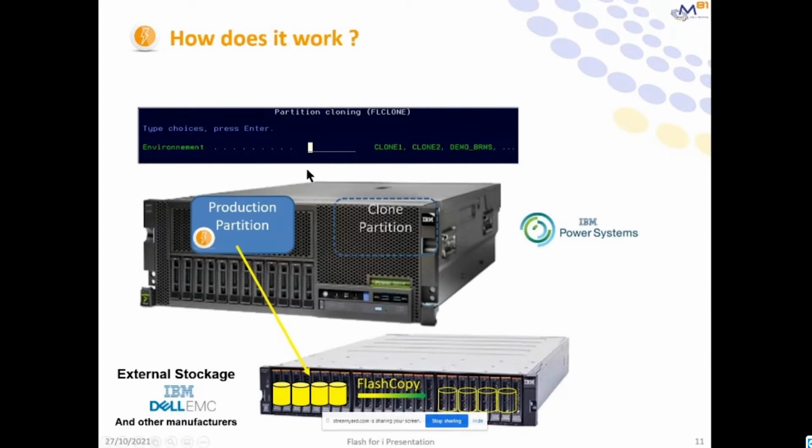So what does that command do? First, the command will quiesce or flush the memory. You may know that with single level storage, the IBM i can keep in memory many important pieces of information. And this system function will take everything that is active in memory and copy it to disk.